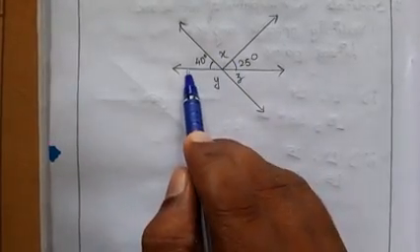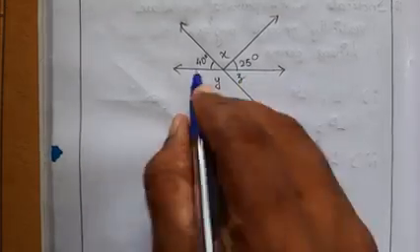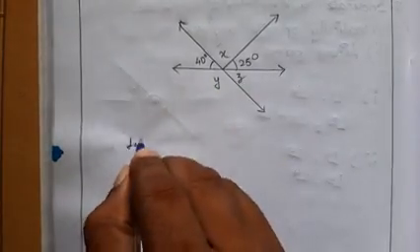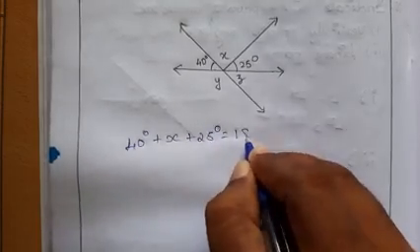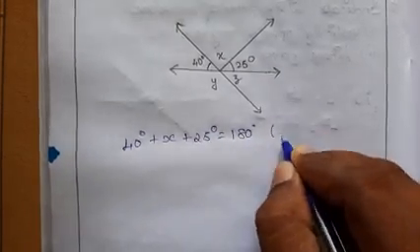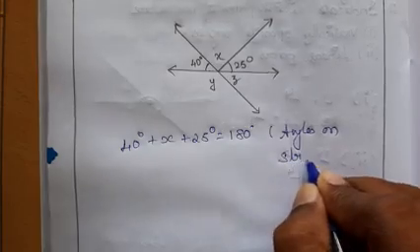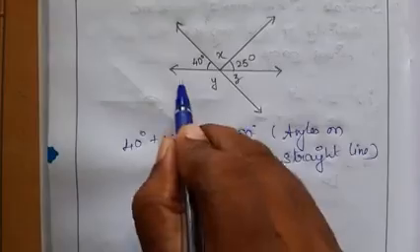So x is here. We know these are angles on a straight line, right? So if you add the angles on the top, it should be 180 degrees. So what are they? 40 degrees plus x plus 25 degrees is equal to 180 degrees, since it is angles on a straight line. Clear? It's just a straight line.